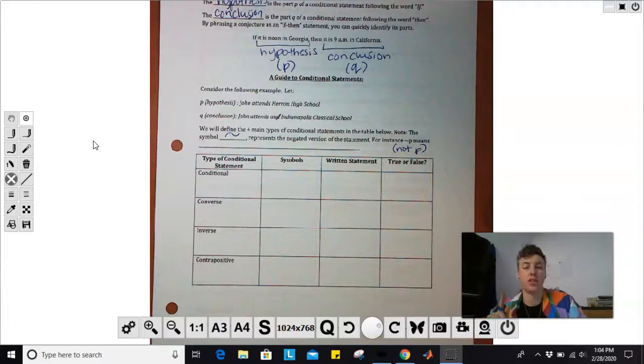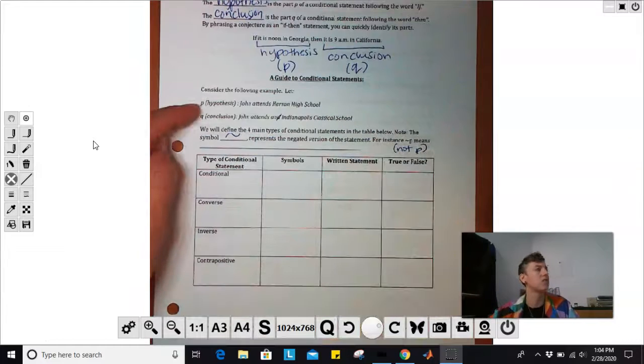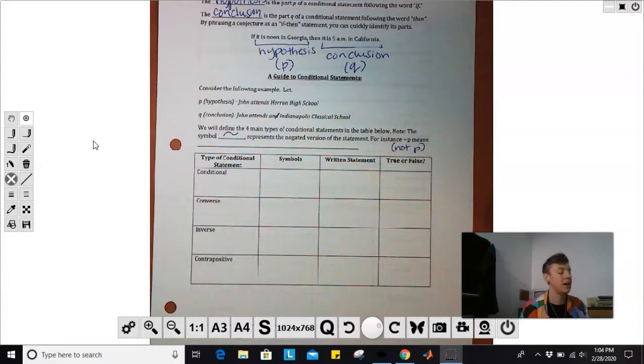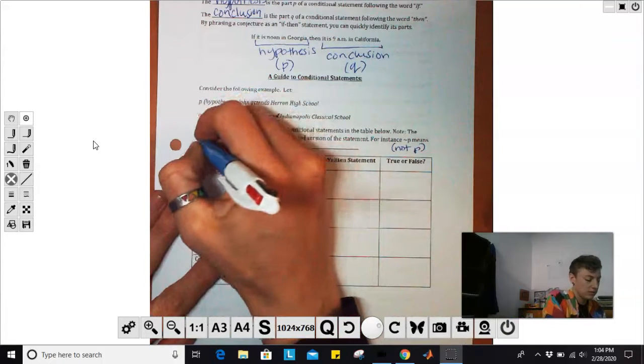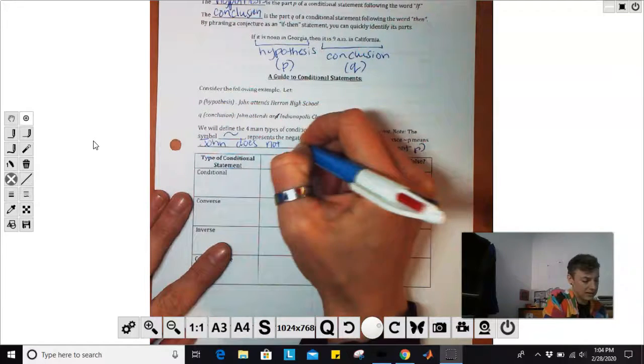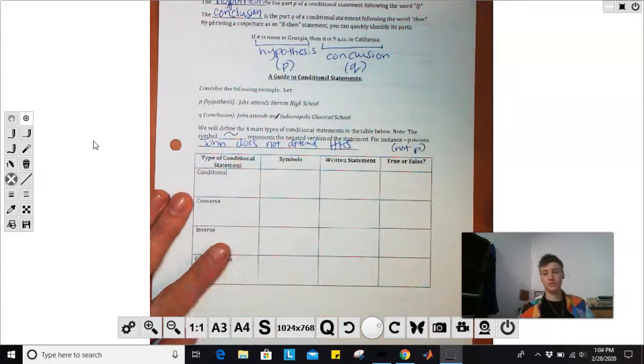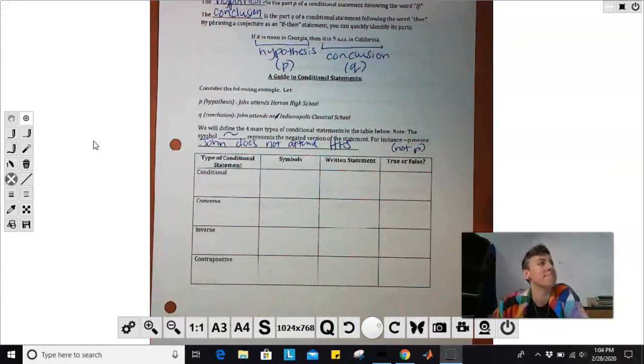Not P in our original hypothesis would be John does not attend Heron High School. So we just take our original statement and make it negative.